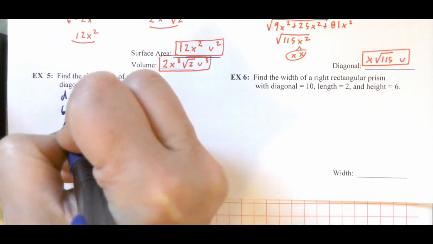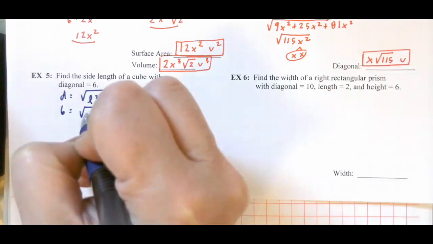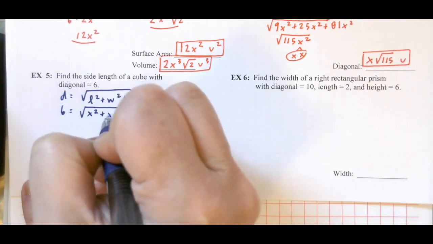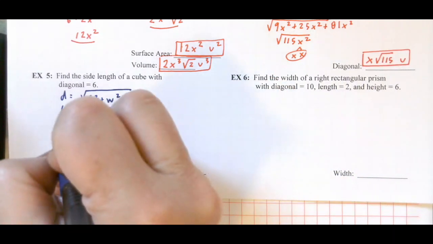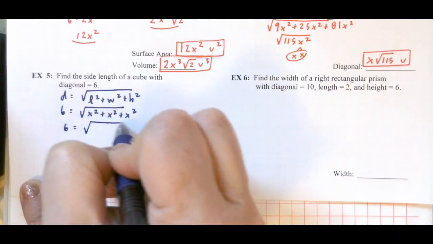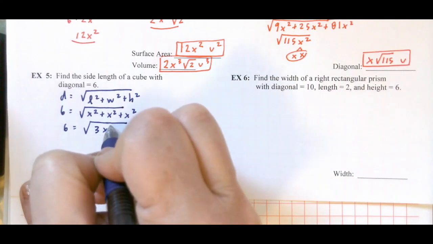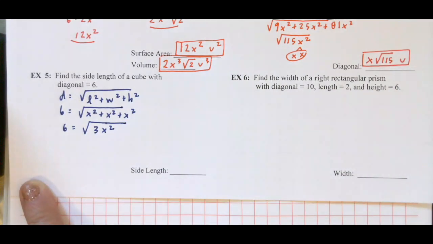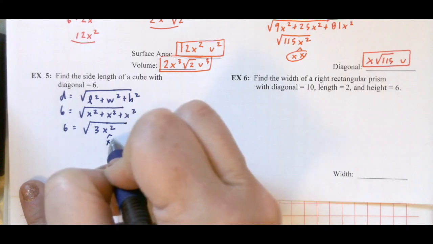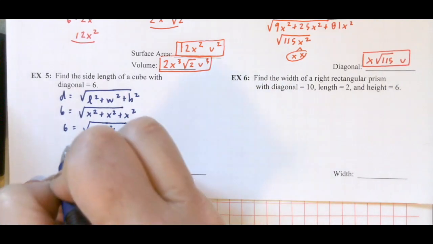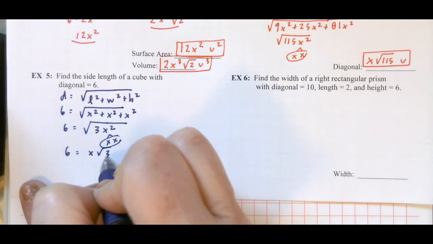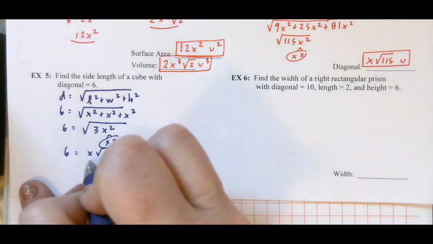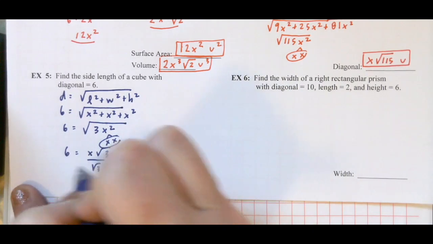So 6 equals the square root of x squared plus x squared plus x squared. So now 6 equals the square root of 3x squared. So maybe here I see, oh, I have a pair of two x's right there. So 6 equals x root 3. And then I want the x all by itself, so I can divide out the root 3.